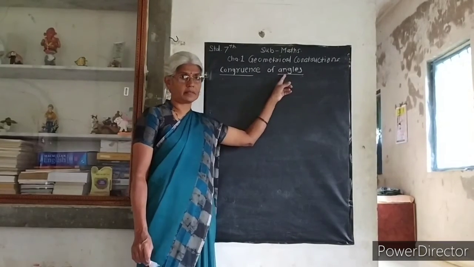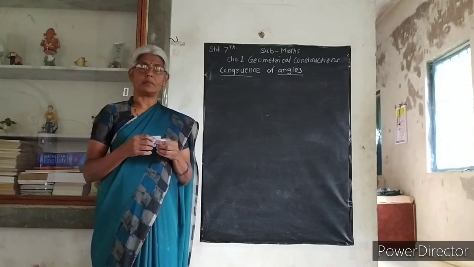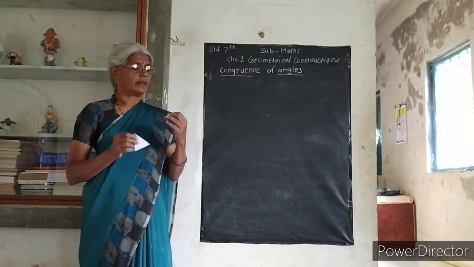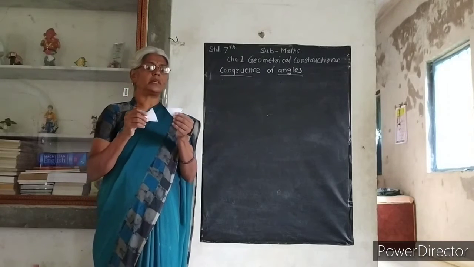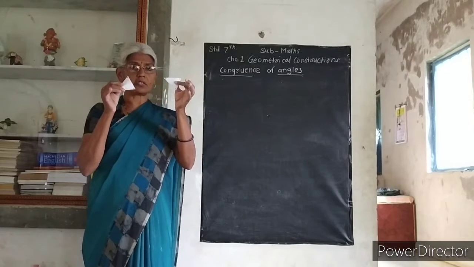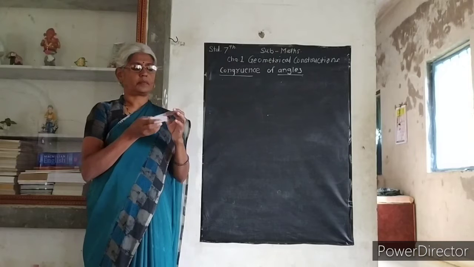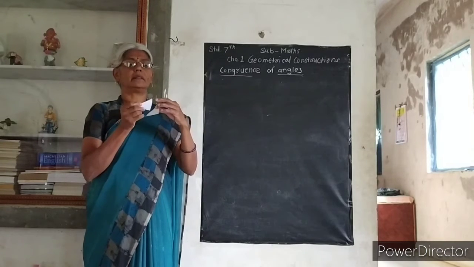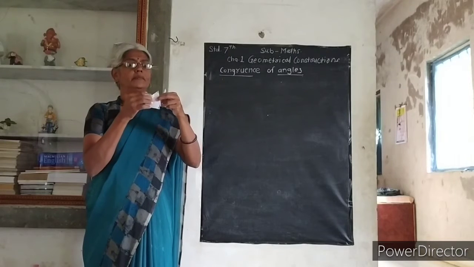Congruence of angles. We studied about angles in the previous class. There are two cut-out pieces of angles. Suppose they are angle PQR and angle ABC.